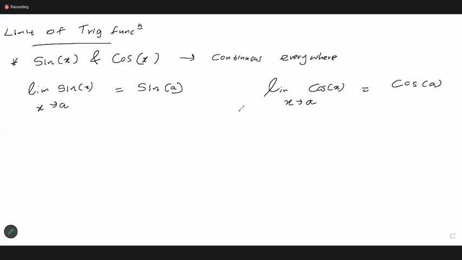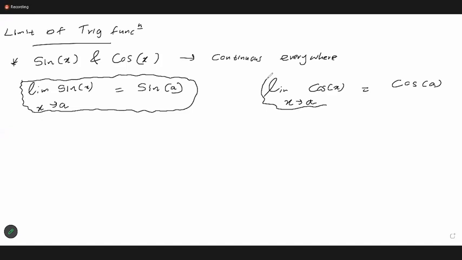So you have to use this property. We are not going to prove it, we can just use it for further problems, right? Then you only wrote here sine and cos.